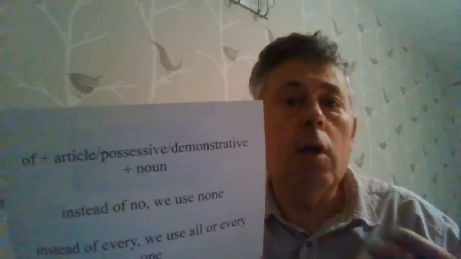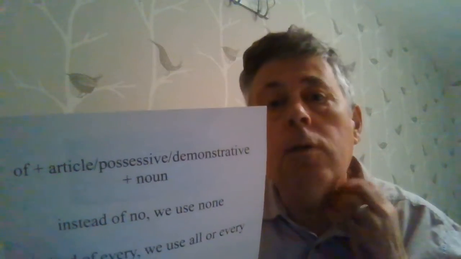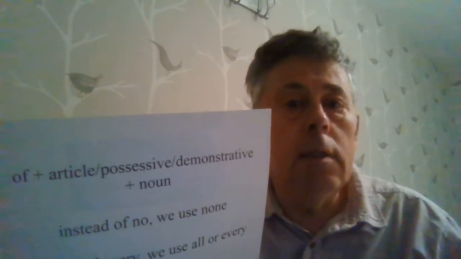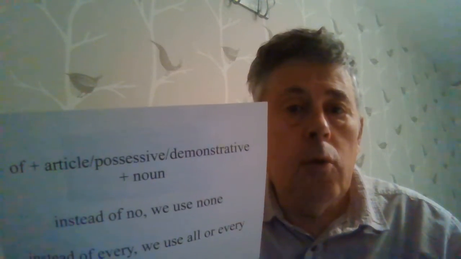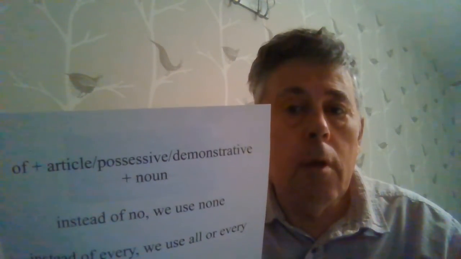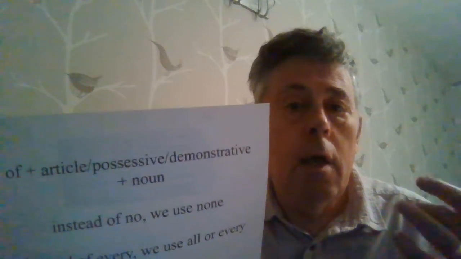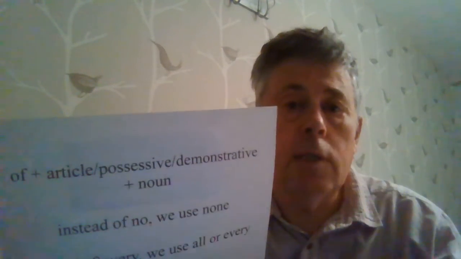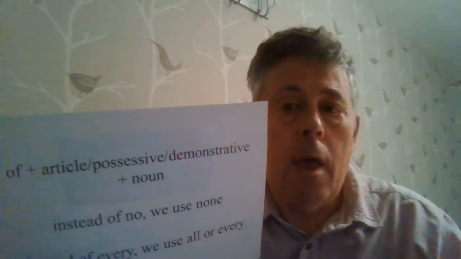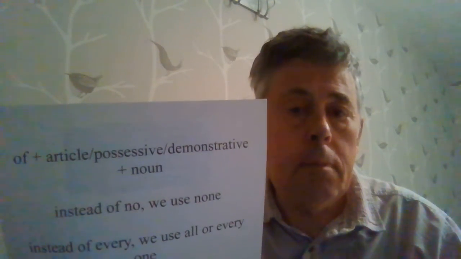Right, and then to our last situation. We were talking in my last video about articles and possessives and demonstratives. Well, we can use these in combination with of and a noun in the formation of quantifier plus of plus article or possessive or demonstrative plus noun.